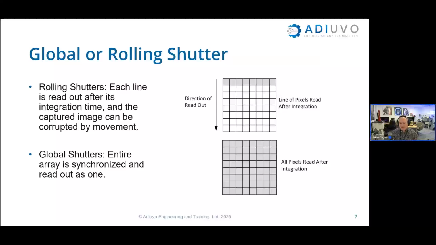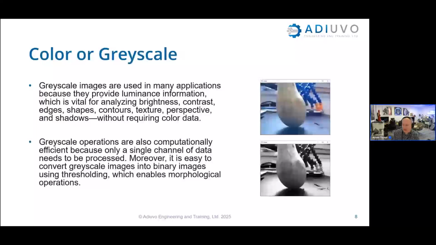The other option, obviously, is to take a global shutter approach, and in that case, we take every pixel after its integration time and read it out. Again, generally the costs and the prices depend upon which option you take.